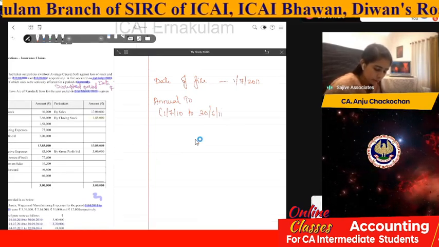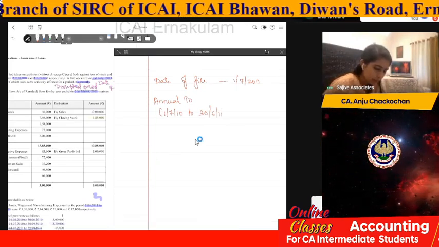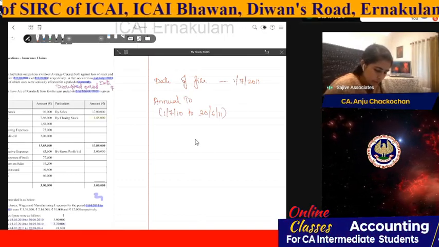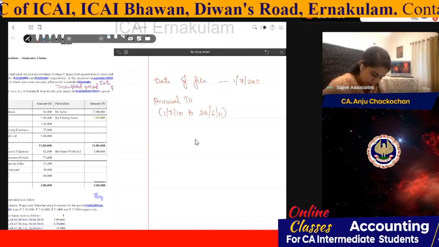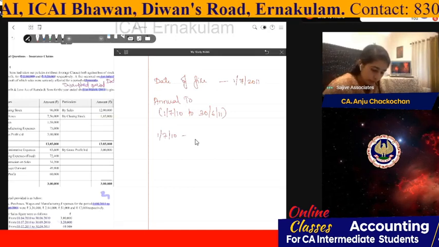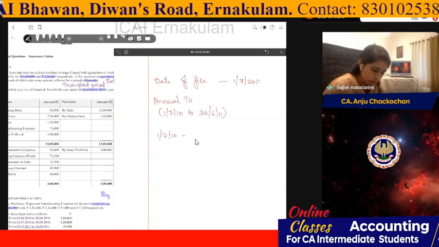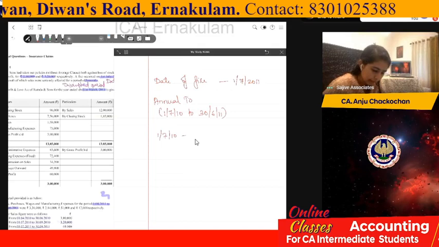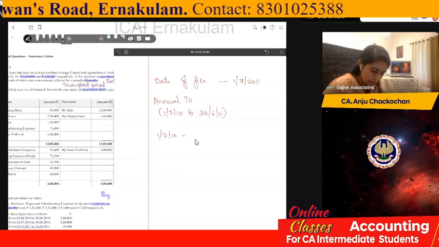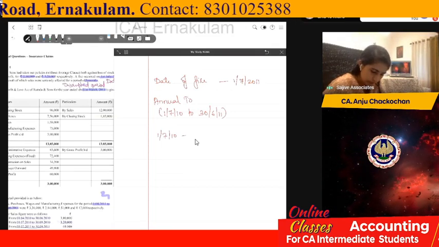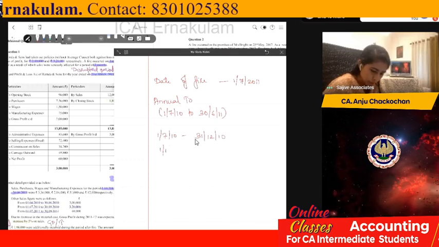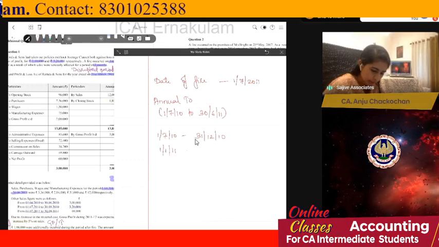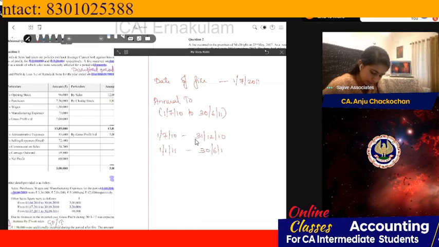So now we'll have to pull out figures for that from 1/7/2010 to 31st of December 2010, and then you will have to take it from 1st January 2011 to 30 June 2011.